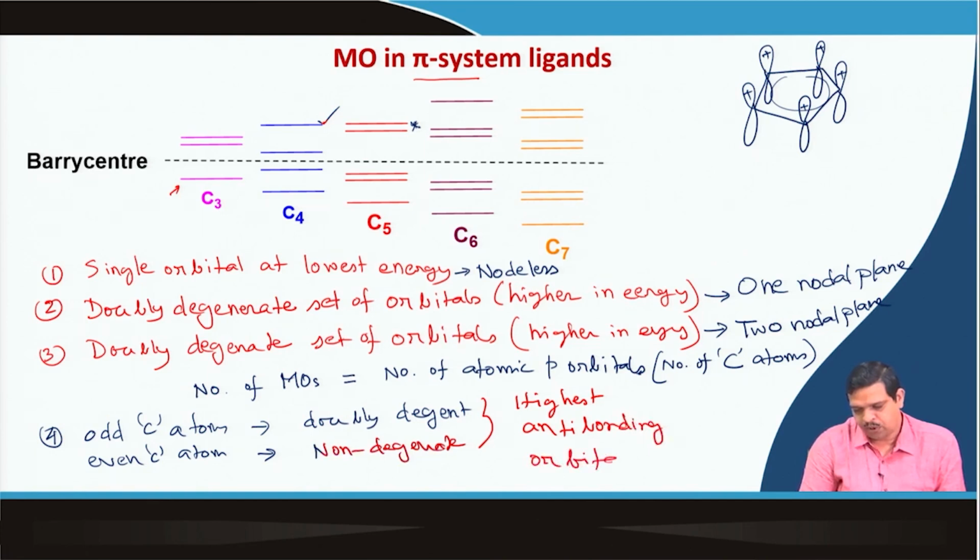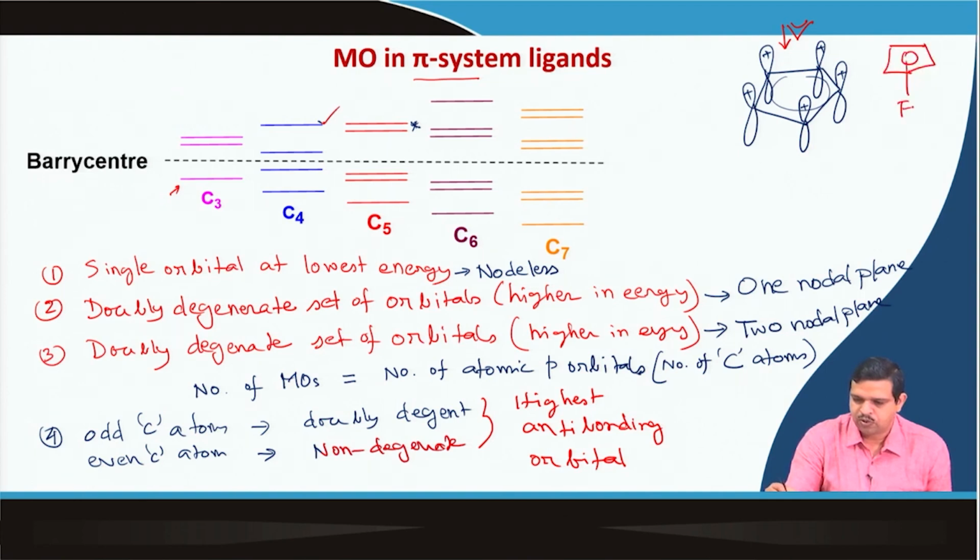This is a very simple approach, but very effective. Now you have to understand that if you view from here, your eye is from here. Suppose you have ferrocene, so I am just drawing the ferrocene structure, then it will be clearer.